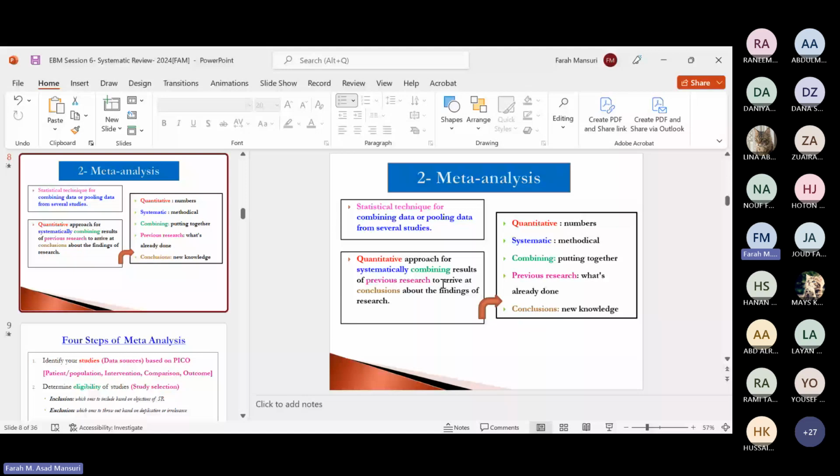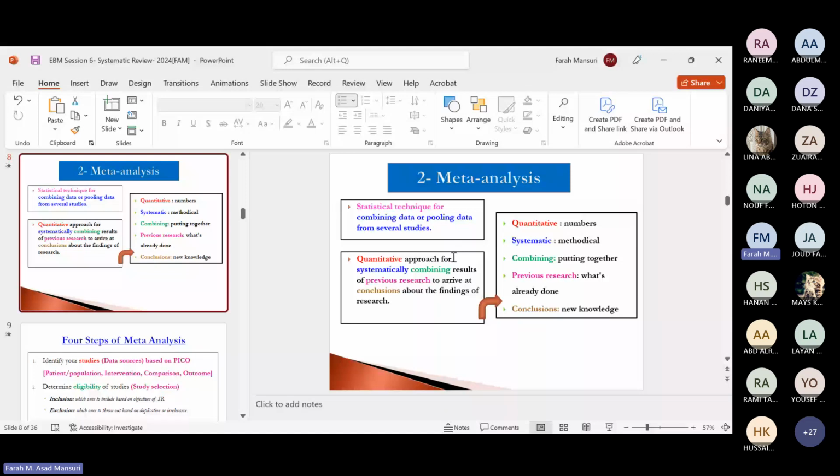If they are looked for or combined, then that is through the means of meta-analysis. So quantitative always refers to numbers. If the objective of the systematic review is not numbers, then we won't apply meta-analysis in it.